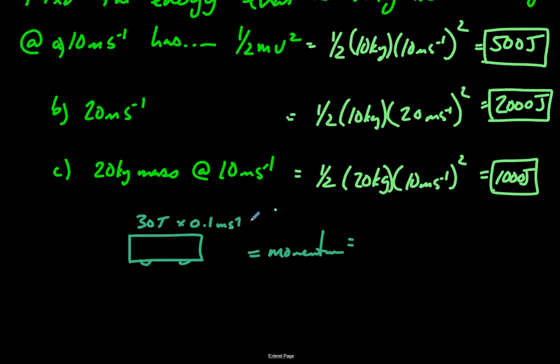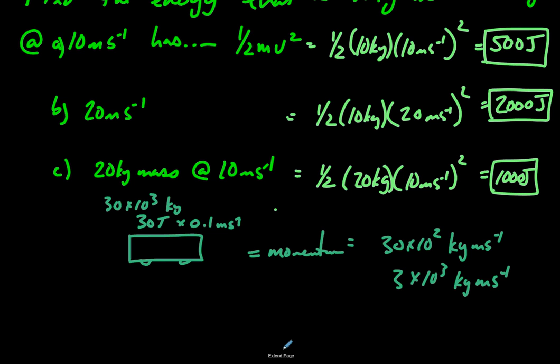We just have m times v, right? So 30 tons is 30 times 10 to the 3 kilograms, right? So knock one off. So we'd have 30 times 10 to the 2 kilogram meters per second, or 3 times 10 to the 3 kilogram meters per second.